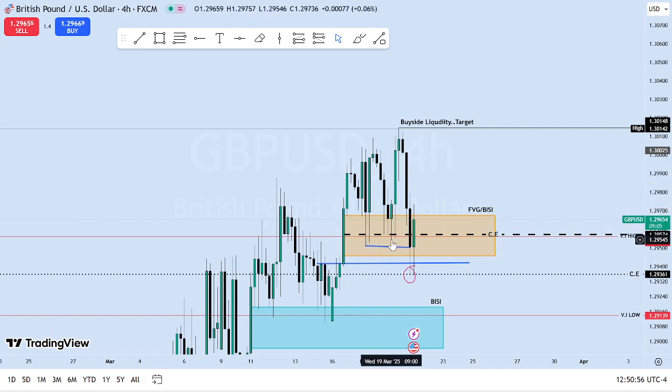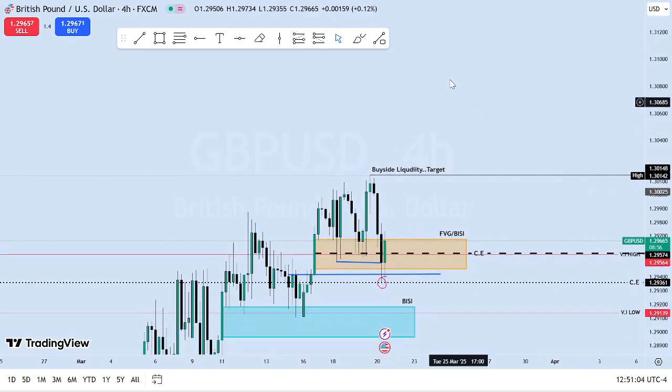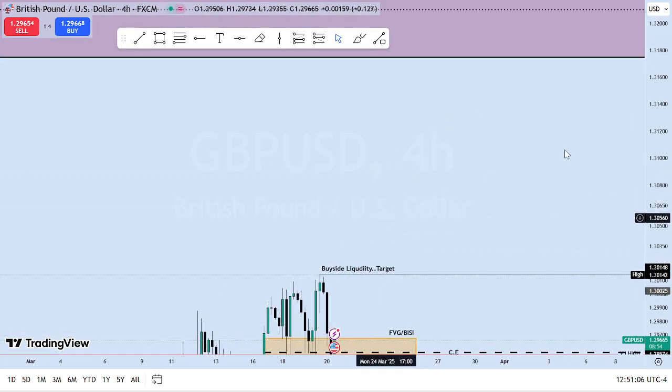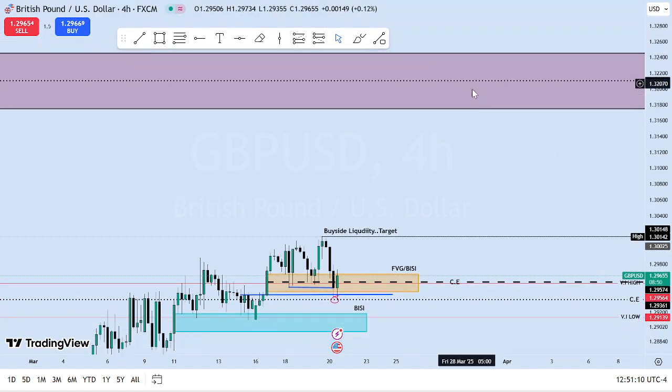Taking out the Wednesday low, price will seek for the Wednesday previous day high. Today is Thursday, so going into Friday, then next week, we're anticipating price delivery inside this premium over here. That's CB, sell side imbalance, buy side inefficiency. That's the daily premium fair value gap.